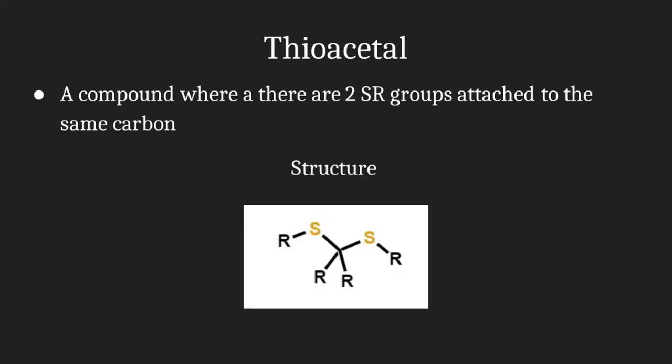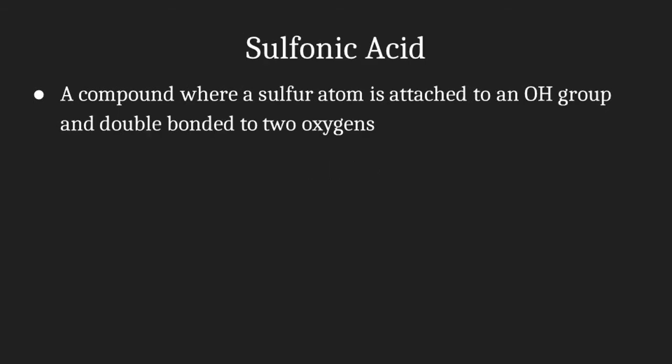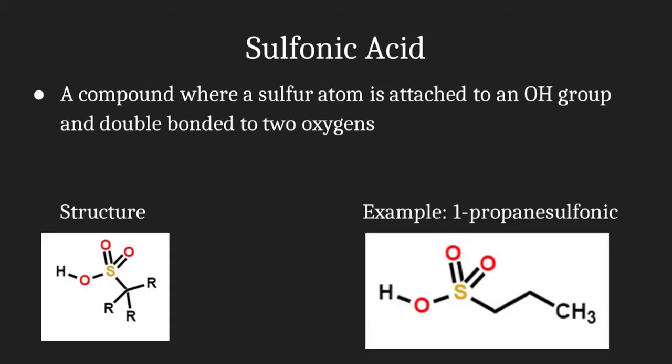And the last type we're going to talk about is a sulfonic acid. This is where a carbon is attached to a sulfur that's connected to an OH group as well as double bonded to two oxygens, as shown below. An example of this is 1-propane sulfonic acid. And we could say that these acids will be very strong when they're dissolved in a liquid.